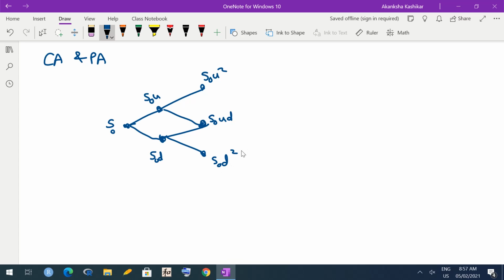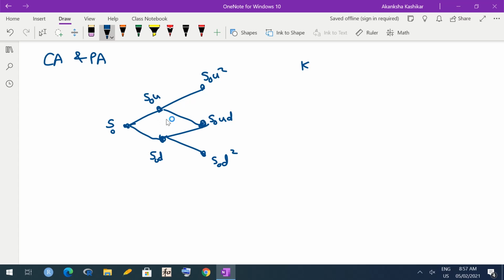Okay. So I have a call option and the strike price is K. So when is a call option exercised? Recall, a call option is the right to buy at K, right? So a call option would be exercised if the market price is higher. Okay, if the market price is higher than the strike price, then I would prefer to buy at the strike price. Okay.